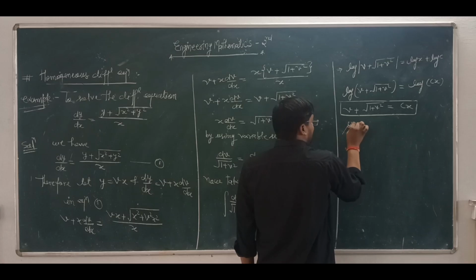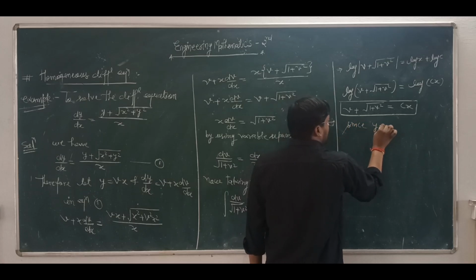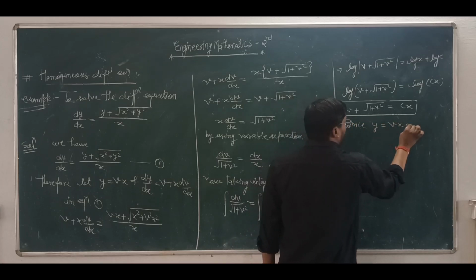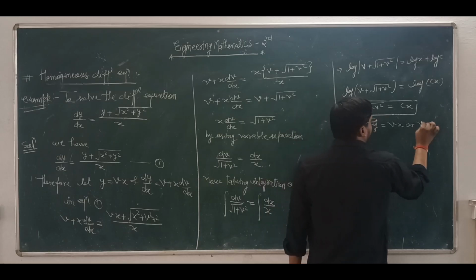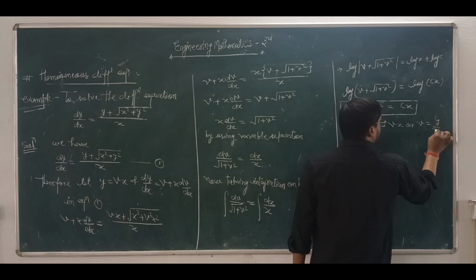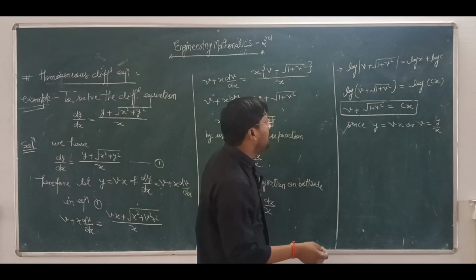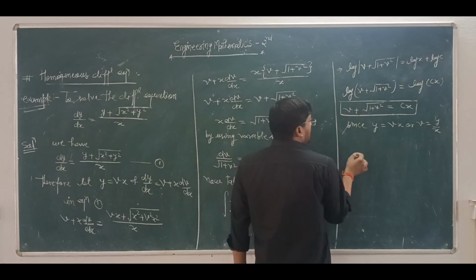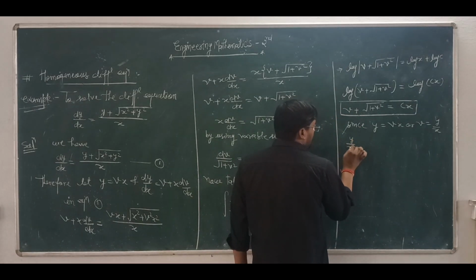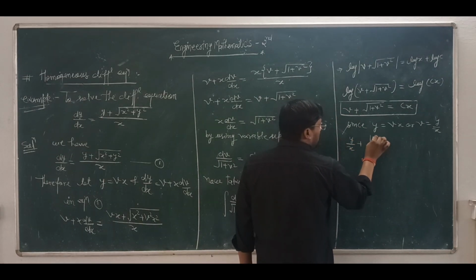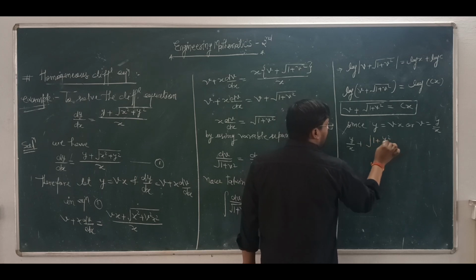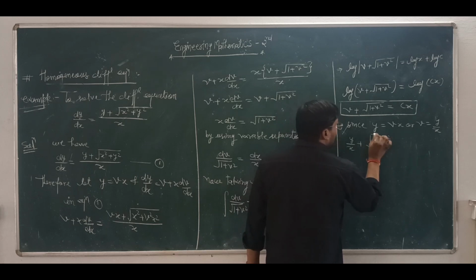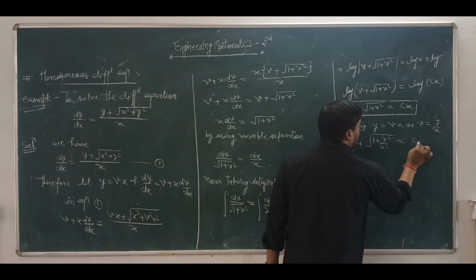Since y is equal to vx, or you can write v is equal to y by x. Now you can put this value: y by x plus under root 1 plus y square upon x square is equal to cx.